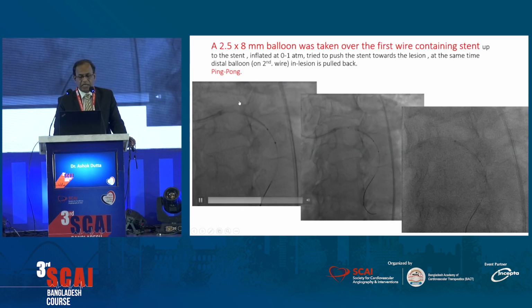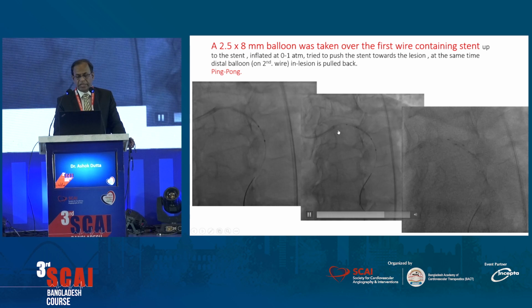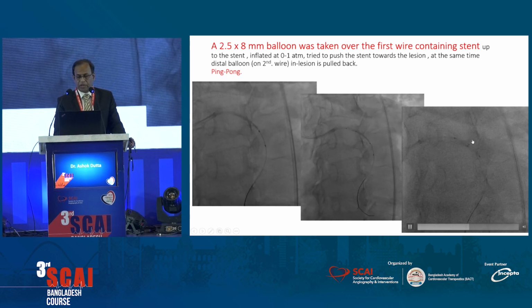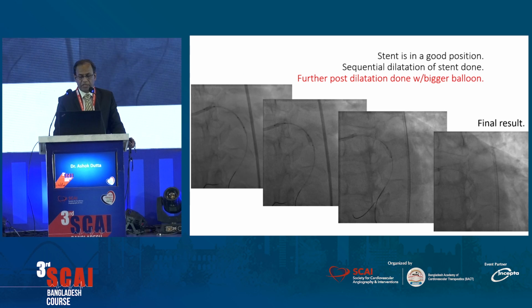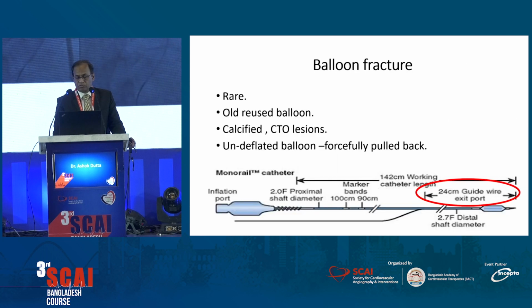I take a second wire outside the stent, firmly push it directly to the lesion, then take another balloon through the first wire, push the stent up to the lesion, and at the same time I pull back the balloon that was used for dilatation. So reposition perfectly, then after sequential post dilatation, finally the result was good.